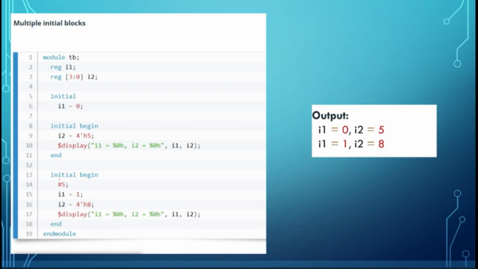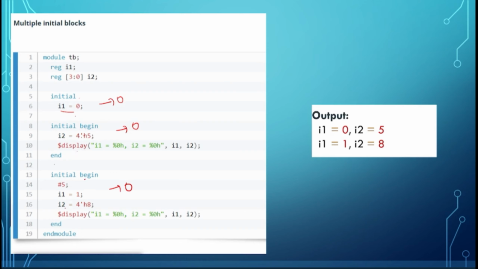See, these are three initial blocks. Here, all these three initial blocks will be starting at 0 time unit only. Here see I1, I2. In the first initial block, since there is only one statement, no begin and end. I1 equal to 0. In the second initial block, I have displayed the I2 value as 5, and displayed, since there are two statements, so begin and end.